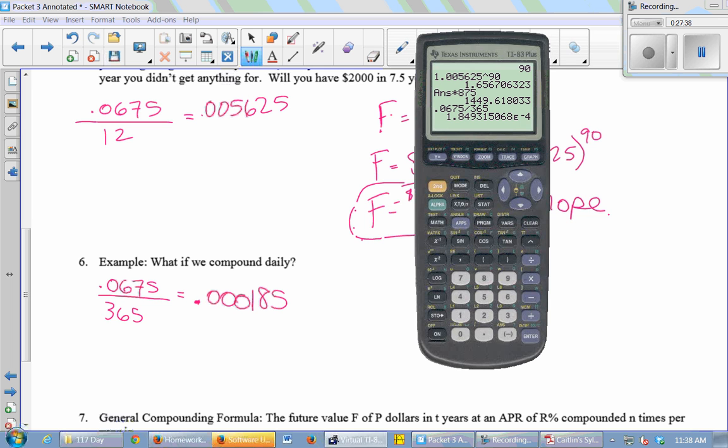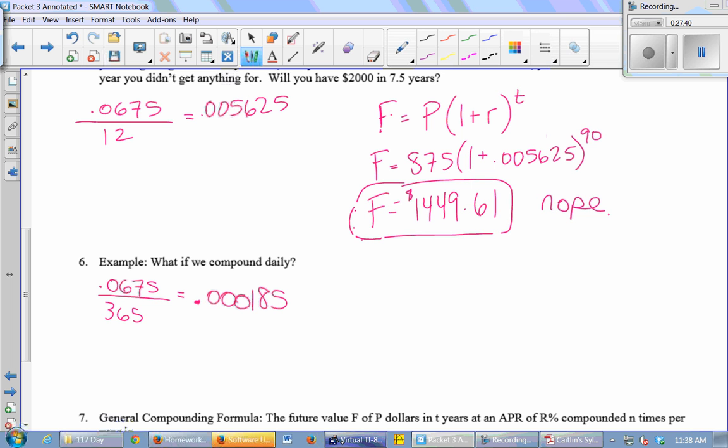Small percentage each day. All right, so now let's write down my formula. F equals P times 1 plus R to the T. Future value, don't know. Present value, 875. 1 plus this interest rate is 1.000185.